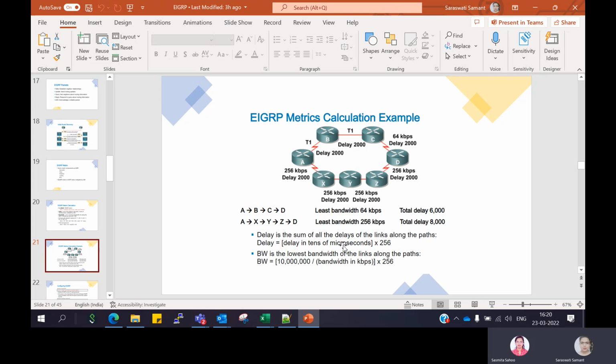So delay in tens of microseconds into 256, and bandwidth will be 10 raised to 7 divided by bandwidth in kbps, into 256.